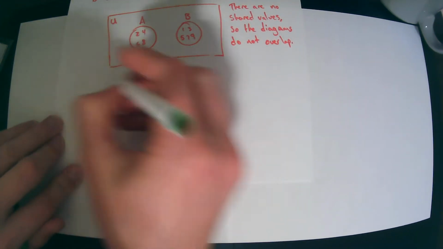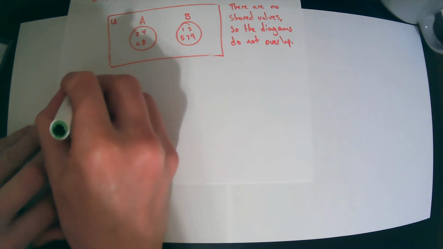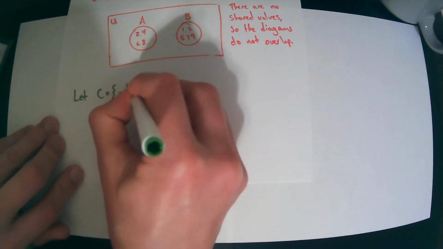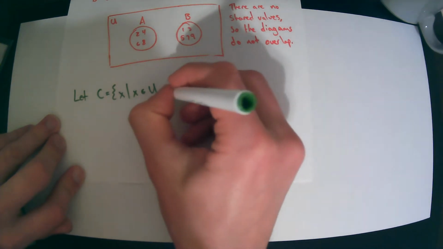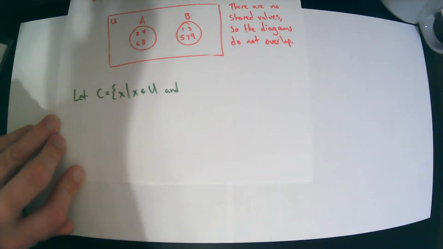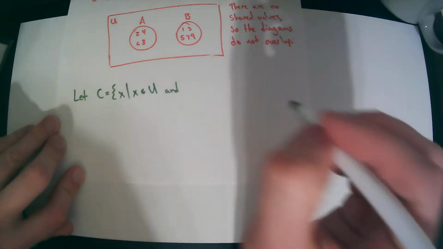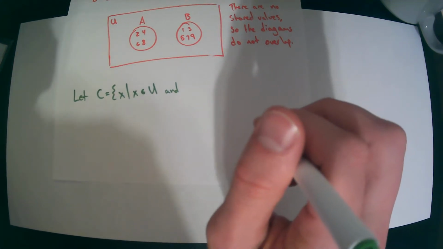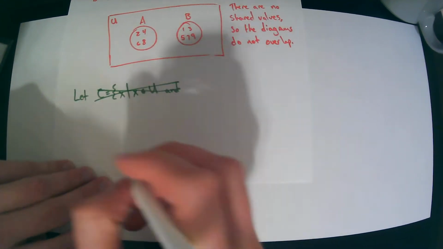Okay, so example 2 continued, but with a new set. Let C equal the set of all x such that x is in U, so still in this universal set. Let's list it in roster notation, just to make this easier on all of us.